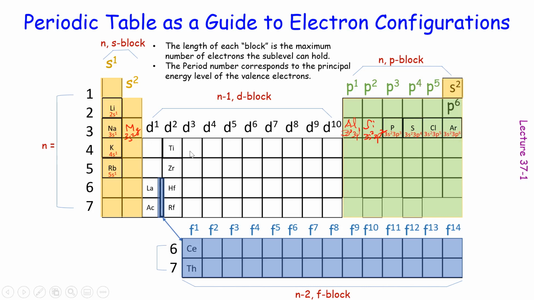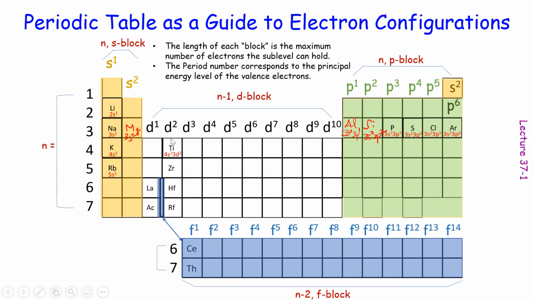Now let's take a look at the transition metals, the D block. Please note, in the D block, for the principal quantum number, you have to use n minus 1. So for titanium, the electron configuration for the valence shell should be 4s2 because the S block is already fully filled.